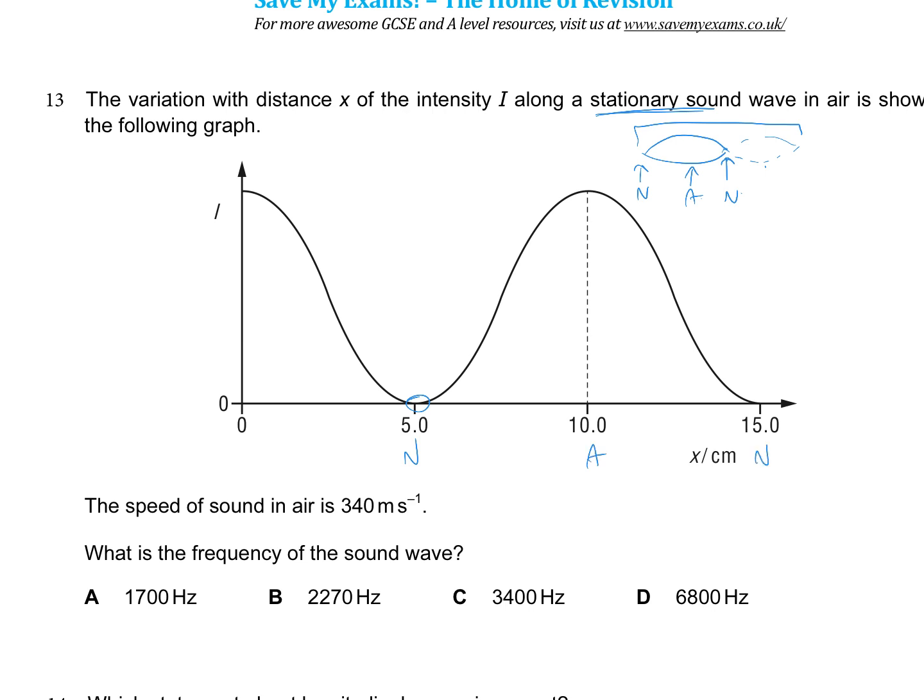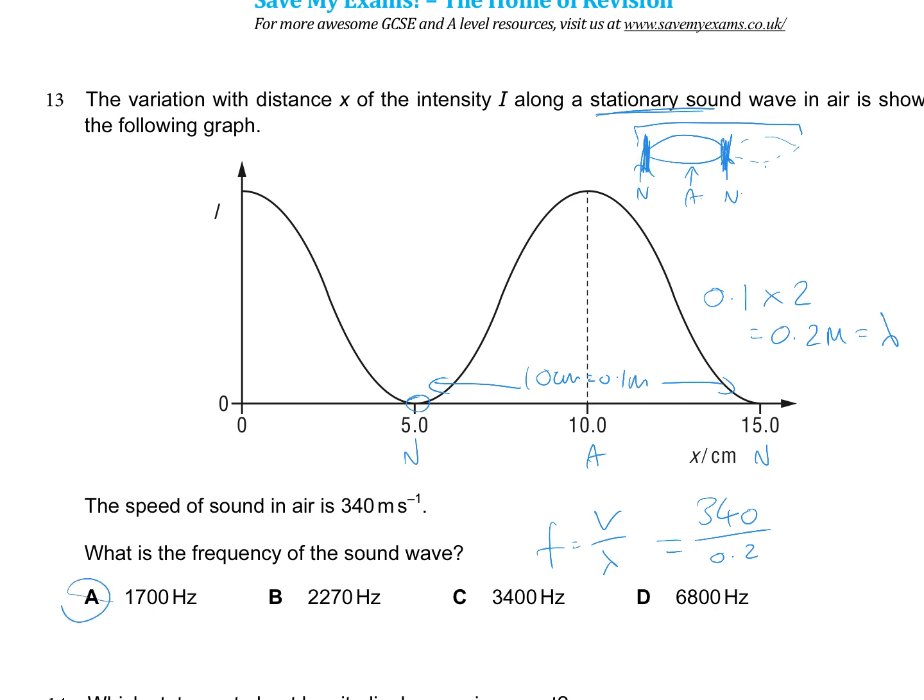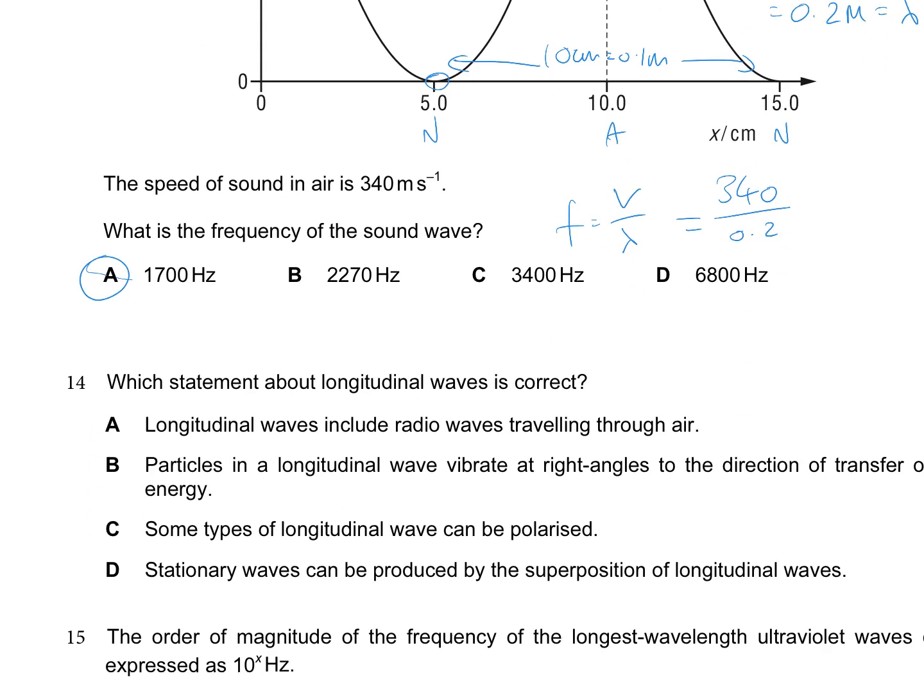So that distance there, which is 10 centimeters, or 0.1 meters, corresponds to half a wavelength. It's effectively this distance here to here. So 0.1 times 2 gives me 0.2 meters as my wavelength. Frequency equals v over lambda. Equation loves to come up. So 340 divided by the wavelength, that gives you 1,700, so your answer is A.